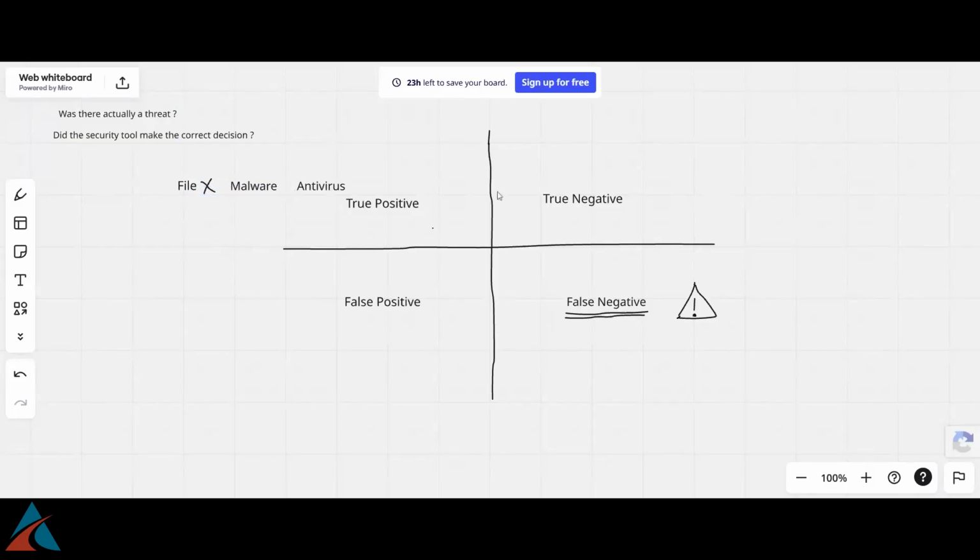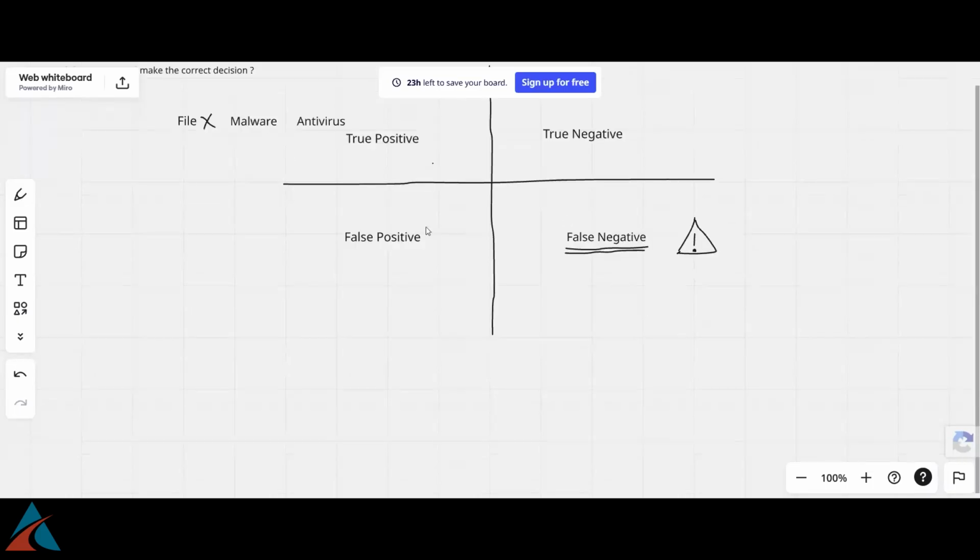Which situation is this? True negative. Okay. So there was no error in that file and antivirus did not detect it. Means this is working as per expectation. True negative. Okay.